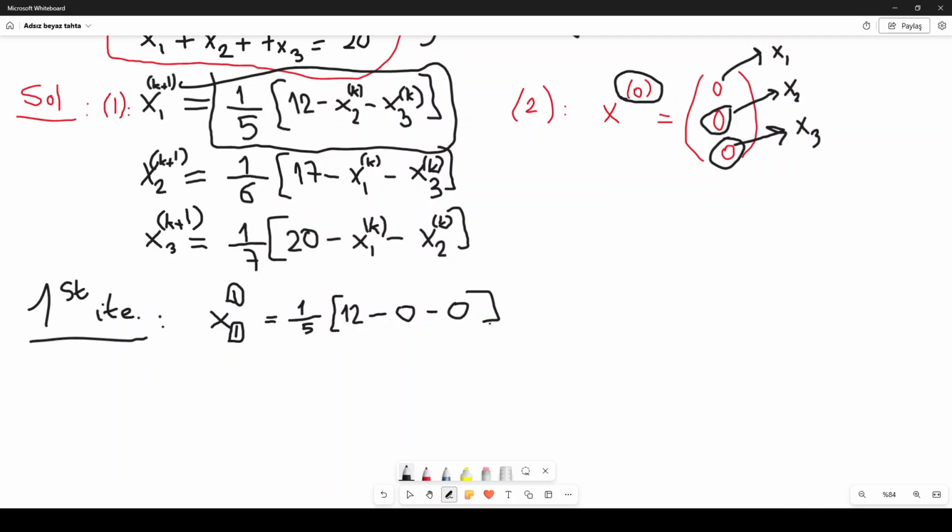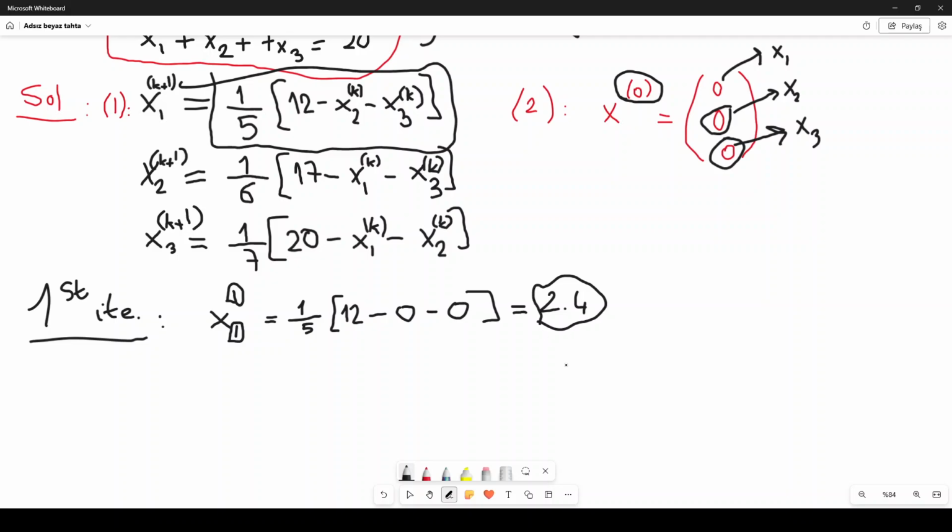We got 12 over 5, which is equal to 2.4. What I found right now is the new value of x1.